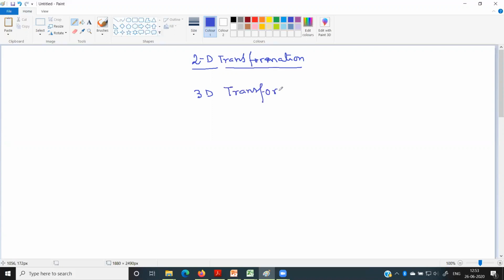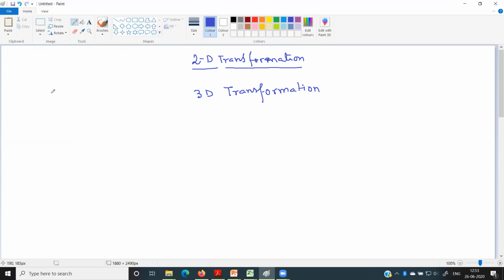The 3D transformation has very similar features to 2D transformation. As you know, in 2D transformation, the transformation is performed on a 2D plane, and in 3D transformation, the transformation is performed on a 3D plane.